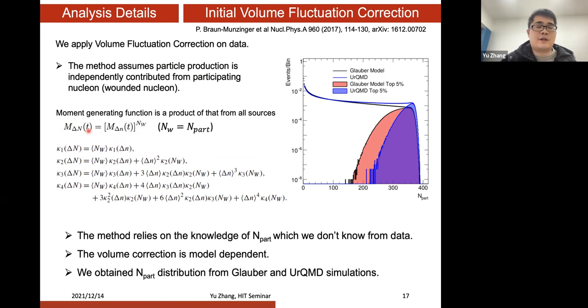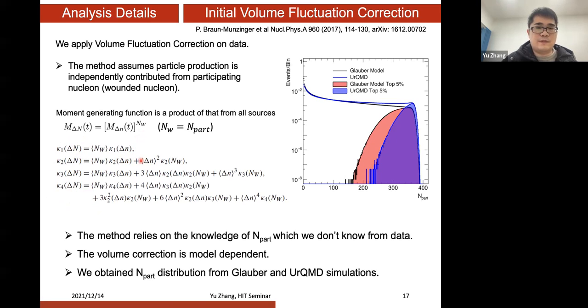And to solve this function, we have the cumulant. The kappa here means cumulant. We use a capital C for cumulant, and here it's the kappa. On the left-hand side, the kappa, the cumulants are the measured cumulants, and the right-hand side cumulants are a combination of the volume fluctuation and the true fluctuation without fluctuation from volume.